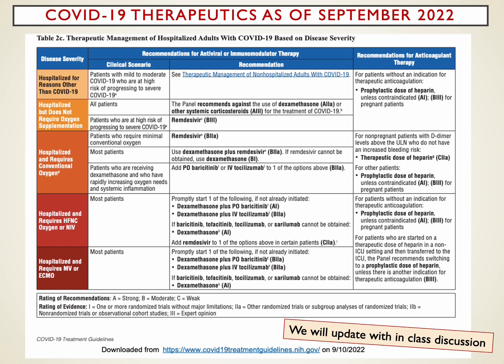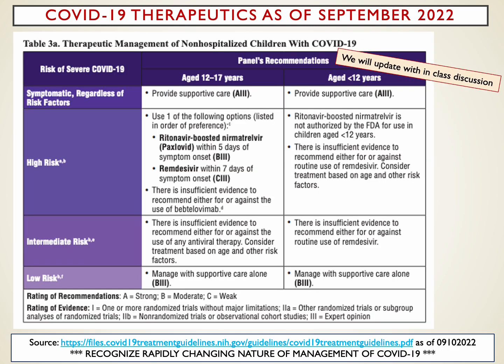So in COVID, particularly in more severe COVID, dexamethasone is pretty much a standard of care. Finally, there are also guidelines in pediatrics, and again, it depends on the age. The cutoff in most use, both for vaccines and for antivirals in COVID, relates to ages 12 and above.